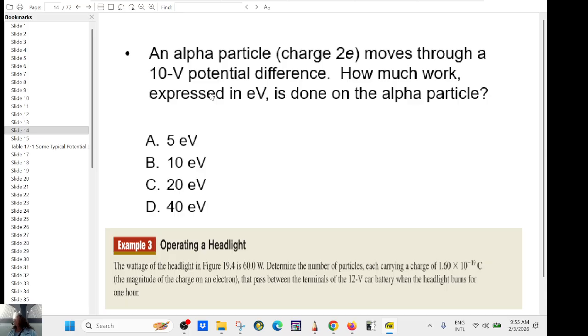Very good, 2 eV per volt, because it's the voltage times the charge. That will be the electric potential energy. The charge is 2e times 10, so we say 20 eV because it's easier. Is that clear? Chemical reactions involve very low eV, 1 to 2 eV, and then in nuclear physics that will go to 1000 and mega eV.